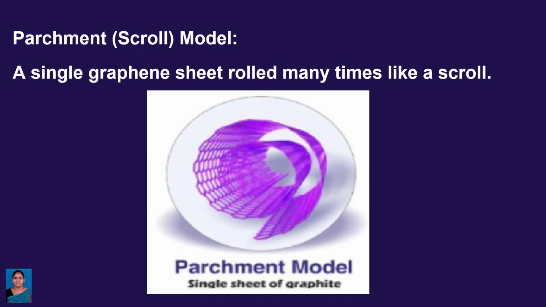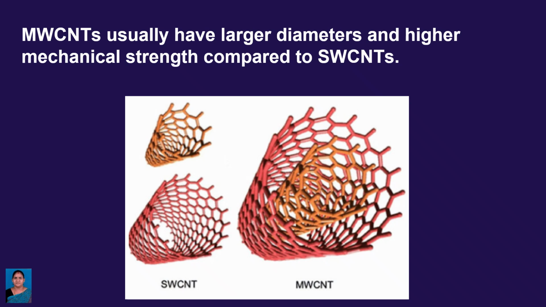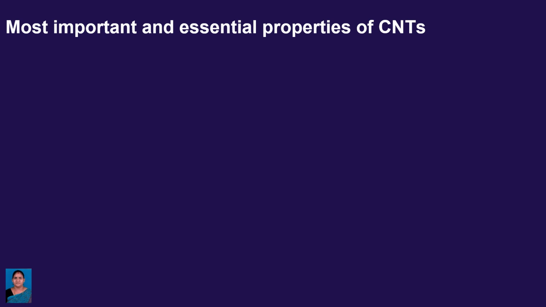Parchment model: a single graphene sheet rolled many times like a scroll. Multi-walled carbon nanotubes usually have larger diameter and higher mechanical strength compared to single-walled carbon nanotubes.